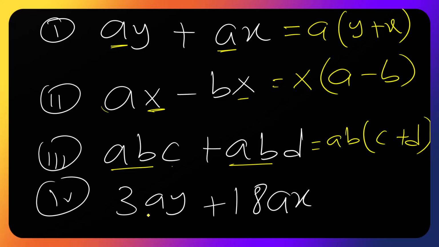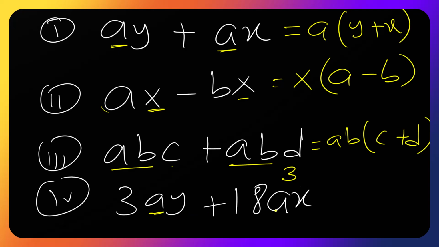At times you get numbers like this. In a situation like this, check if the higher number is divisible by the smaller number. We know 3 times 6 is 18, so we can take 3 out. And let's check the letters.